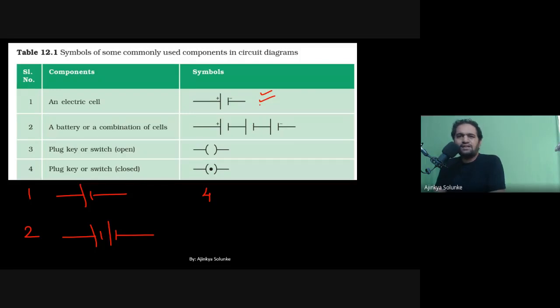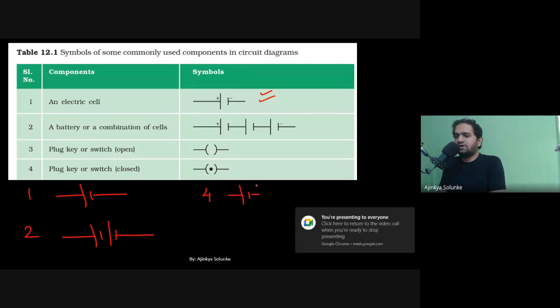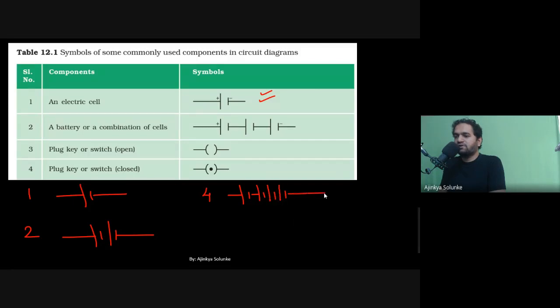Can I draw just 3 or maybe 2? No, right? If you have 4 cells, you have to draw 4 long and 4 short lines: longer, shorter, longer, shorter, longer, shorter, and longer, shorter.